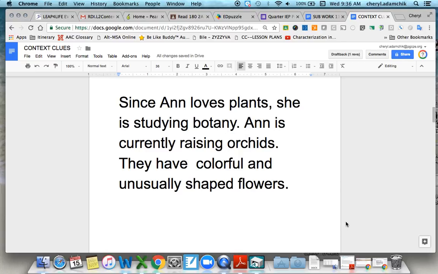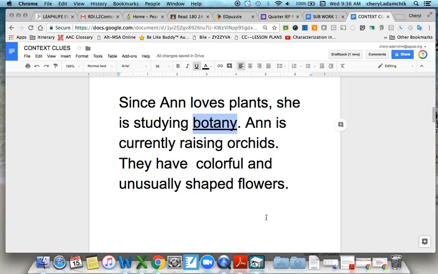The first one: Since Anne loves plants, she is studying botany. Anne is currently raising orchids. They have colorful and unusually shaped flowers. So I can understand what the word botany means by reading the sentences around it. Botany is the word I'm not really sure about.